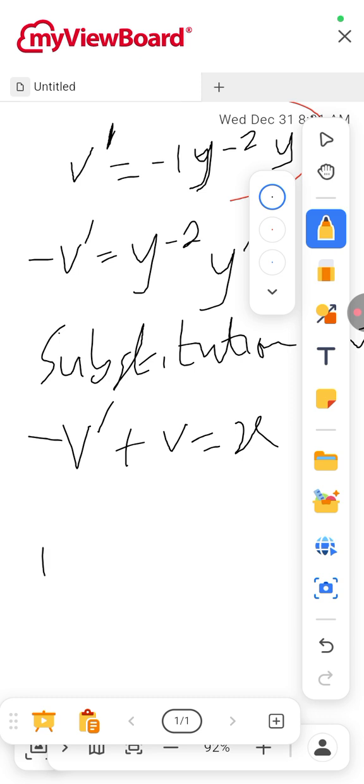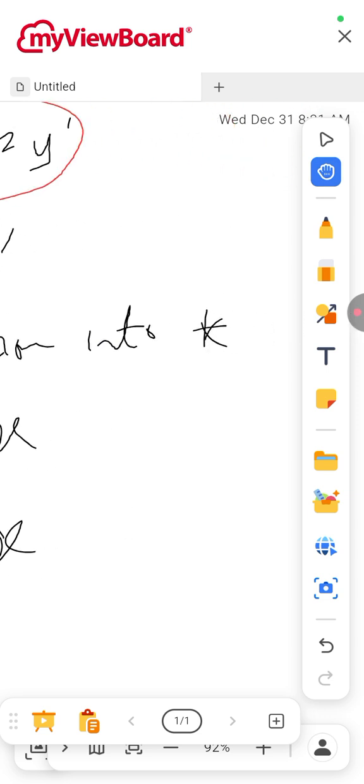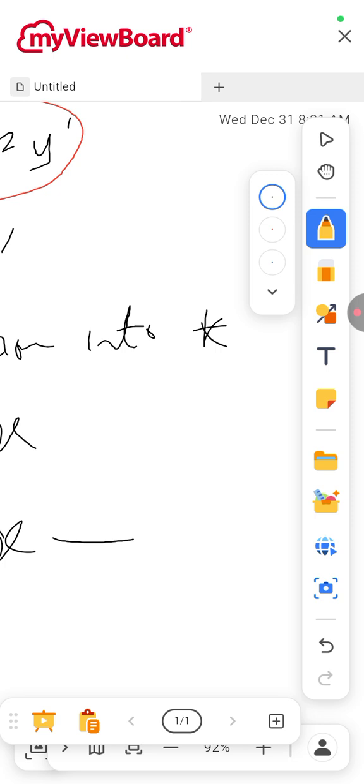So that should give us v prime minus v equals minus x. So I can asterisk this one too, because I'll also need it later.